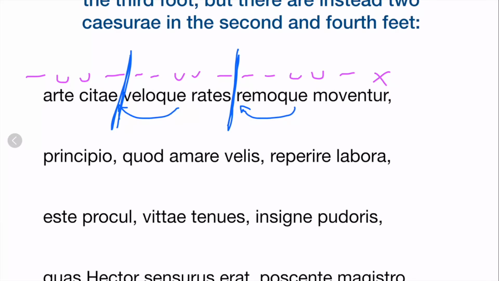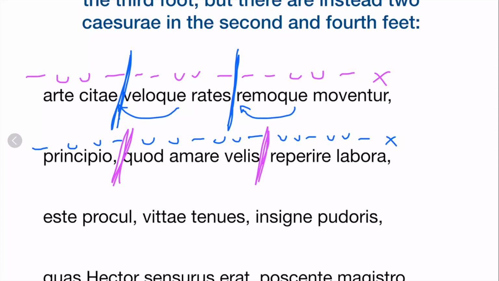Here's an even more clear example. Principio quod amare velis reperire labora. Okay, 1, 2, 3. Okay, 4, 5, 6, 7.